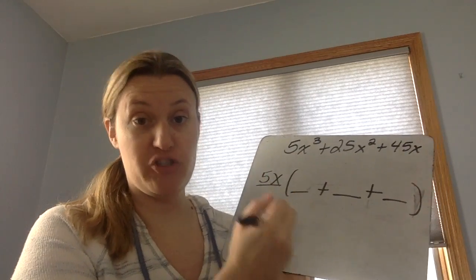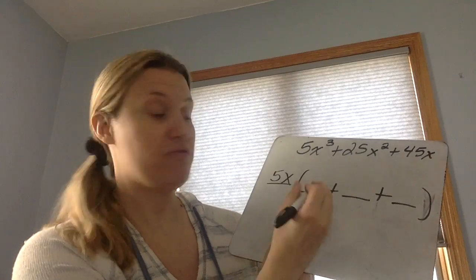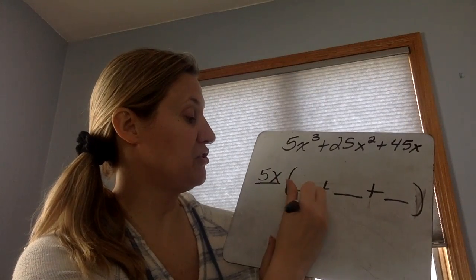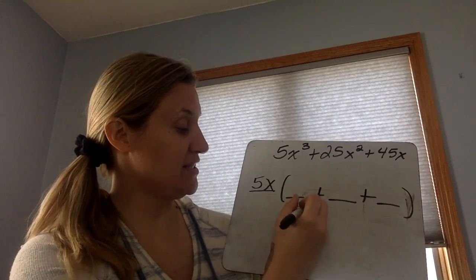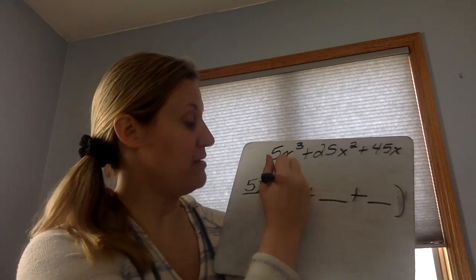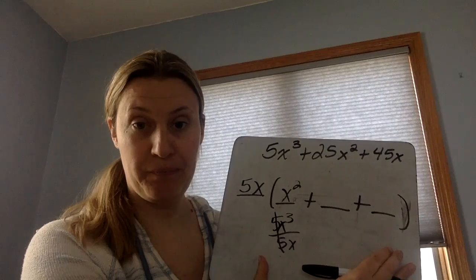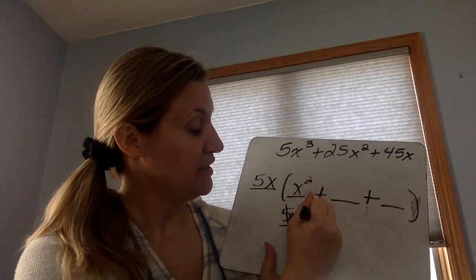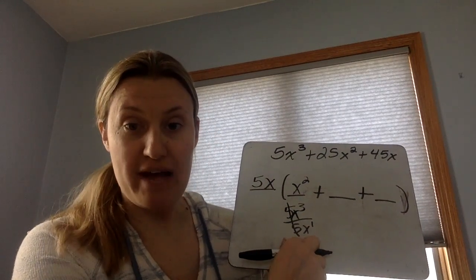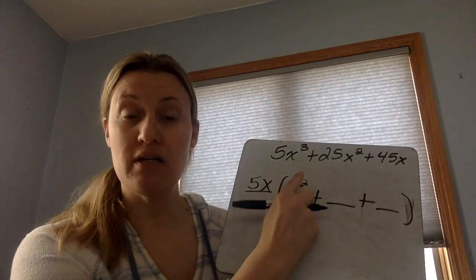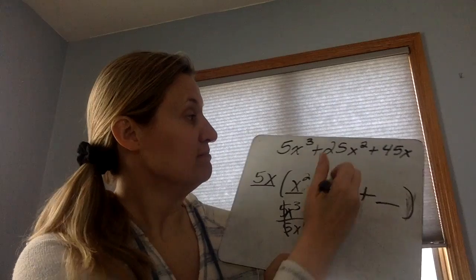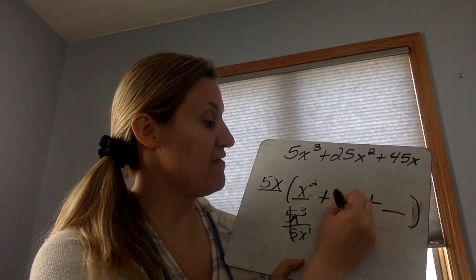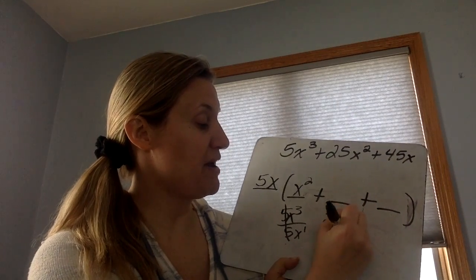Now I can do the division. Again, I can do it in my head or I can write it out. But 5x to the third divided by 5x. The 5's will cancel. X to the third divided by x is x squared. If you have forgotten, this is the keep the base, subtract the exponent. So keep the x, 3 minus 1 is 2. Okay, here I have 25x squared divided by 5x.